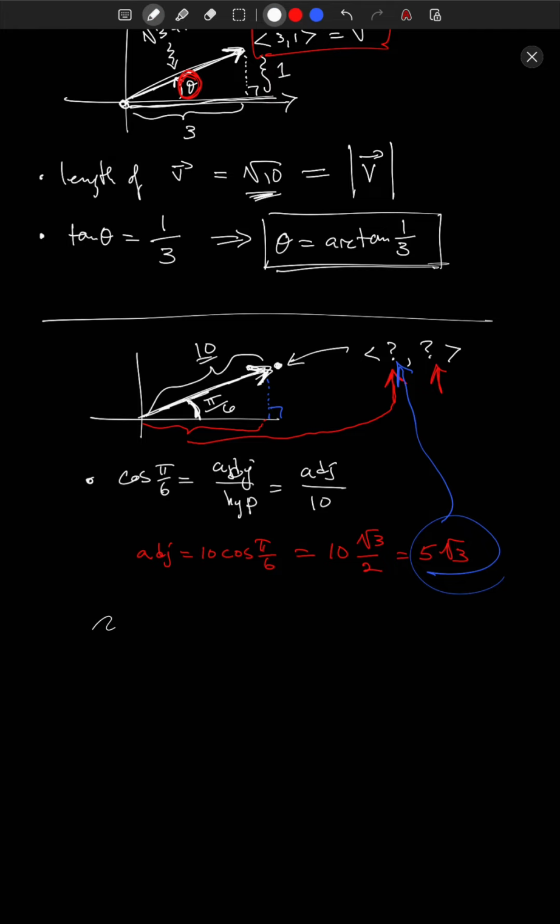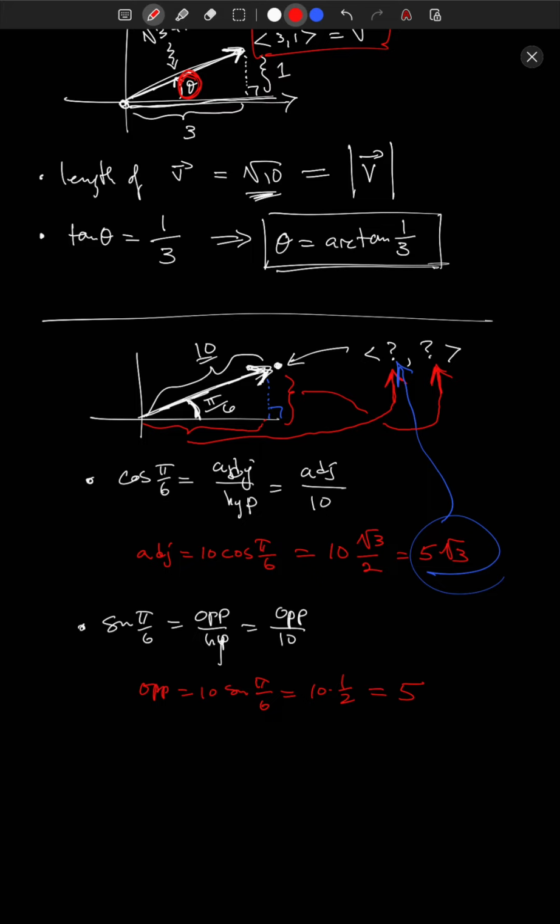And in exactly the same way, sine of pi over 6 is opposite over hypotenuse. Our hypotenuse is 10 again, right? Opposite is exactly that vertical length right there, and that, of course, represents the y coordinate. So that's exactly the second coordinate right there. If we do the same kind of algebra, opposite is equal to 10 sine pi over 6, which is 10 times 1/2, which is 5.